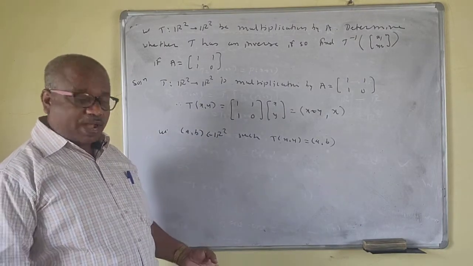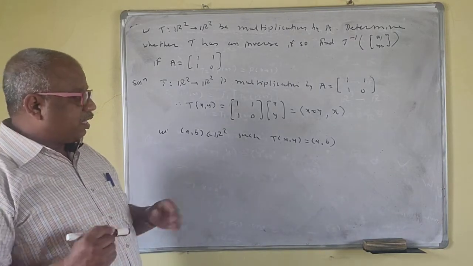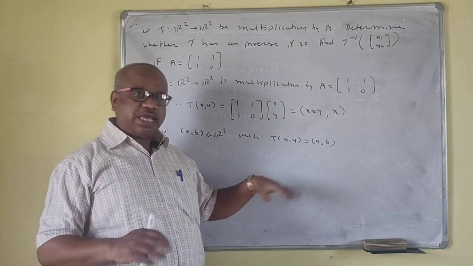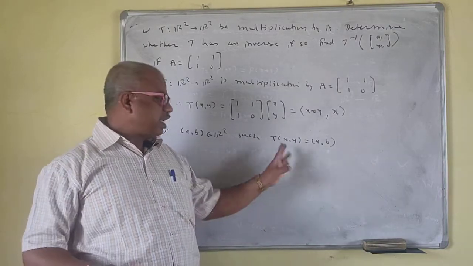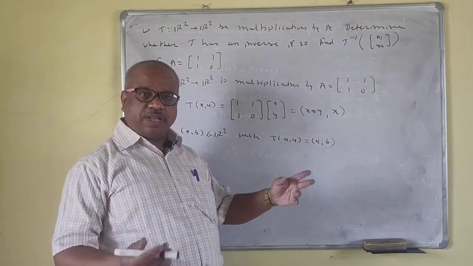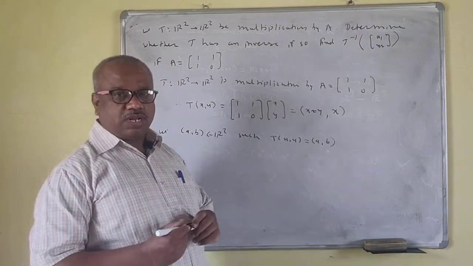If you cannot find x and y, then this (a, b) will not be in the range. That means there does not exist any (x, y) in R2. If you are not able to find the values of x and y, that means this (x, y) does not exist.